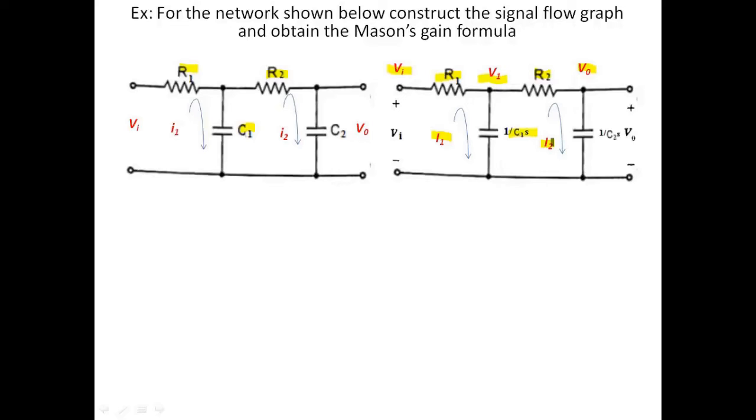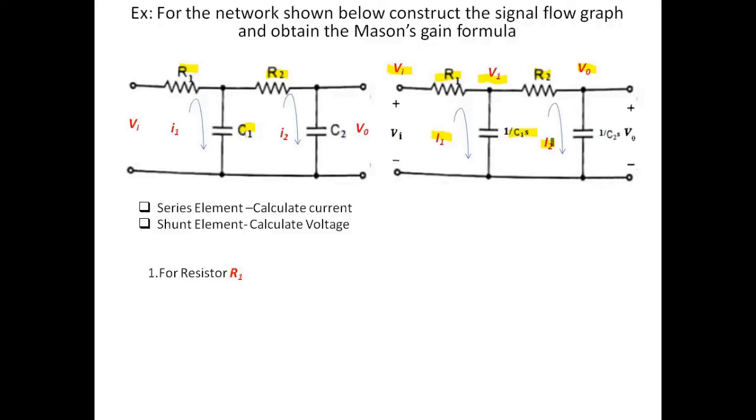Now again recall the same key point which I conveyed in the previous slide: if it is a series element, calculate the current, and if it is a shunt element, calculate the voltage. Here for element R1, as it is a series element, we have to calculate the current. So the current flowing through the resistor R1 is given by I1 equal to (Vi minus V0) divided by R1.